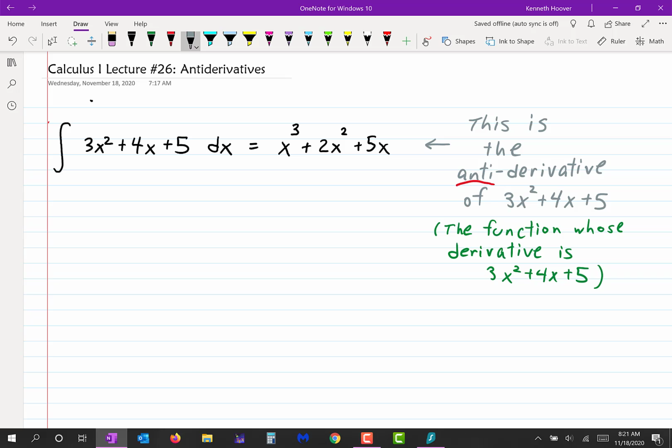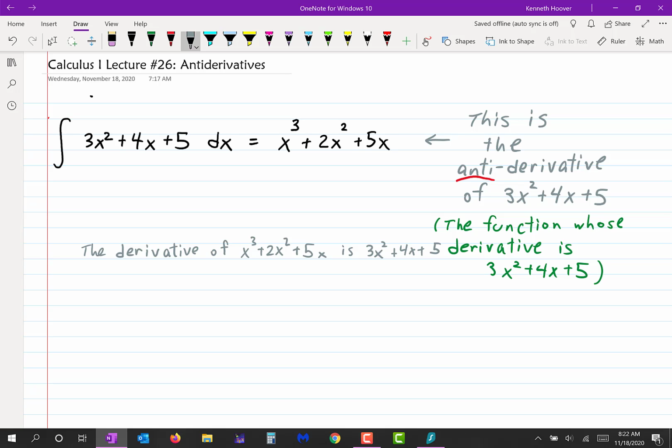The derivative of x cubed plus 2x squared plus 5x is 3x squared plus 4x plus 5. I'm going to erase this green sentence here. It's kind of in our way.